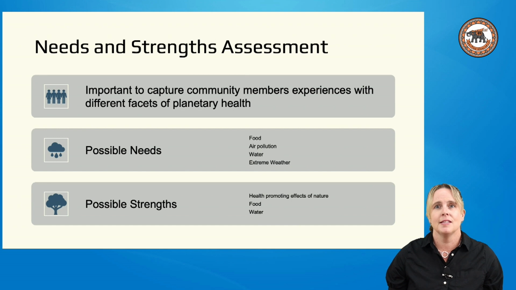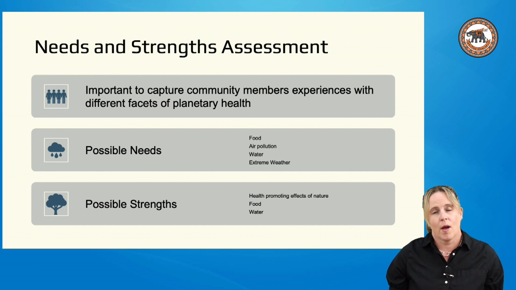So what you see there are some of the possible needs. When we're talking with them, they may talk about challenges with food, challenges with air pollution, challenges with water. It could be water scarcity, not getting enough water in their community, or it could be water pollution and unsafe water that's making people sick.